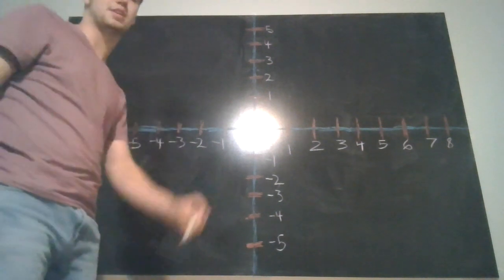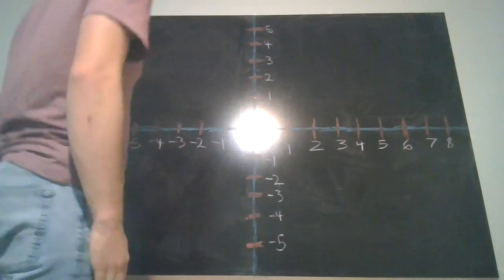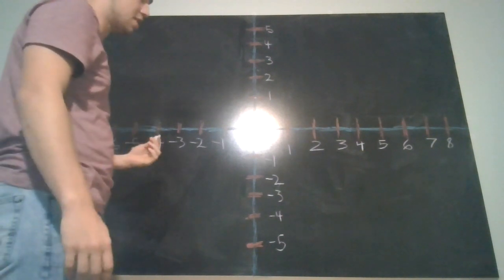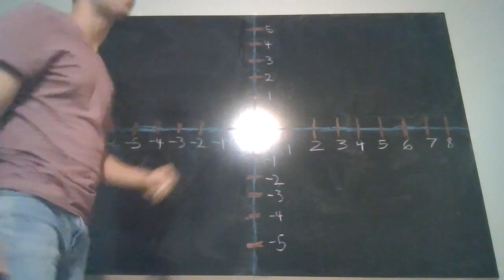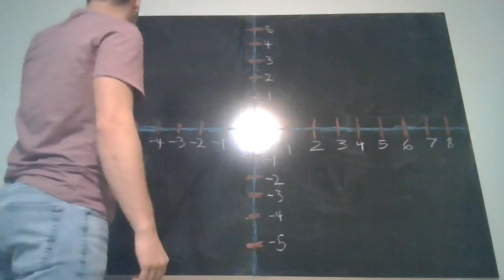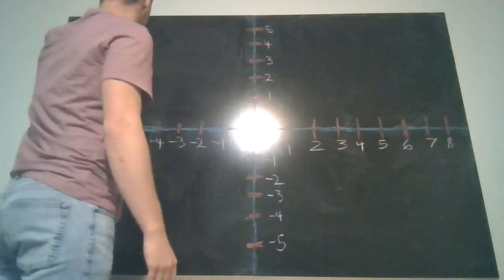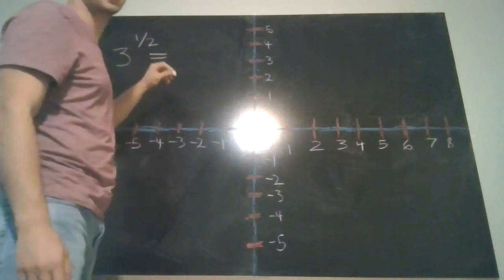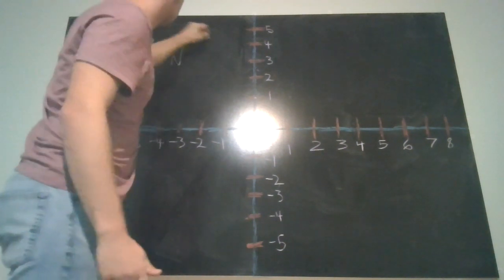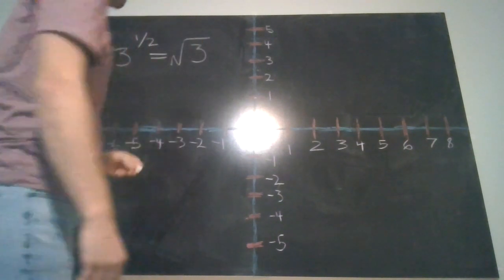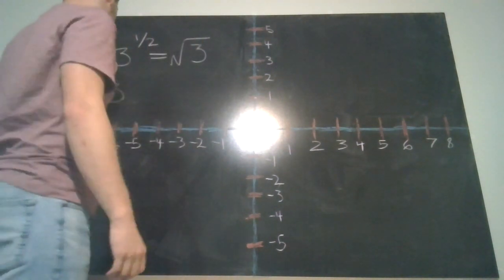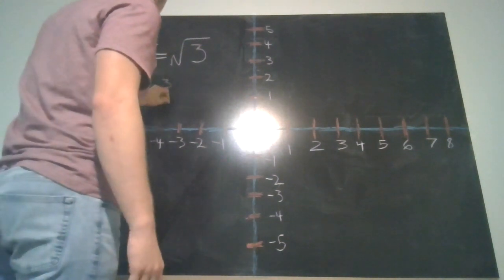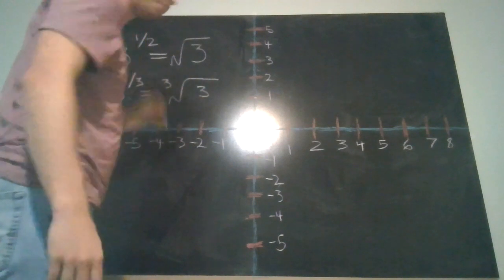Today, we're going to be talking about fractional exponents. A fractional exponent is like a regular exponent, but it's a fraction. If you've got something like 3 raised to the power of 1/2, that's actually the same as the square root of 3. 3 to the 1/3 equals the cube root of 3.